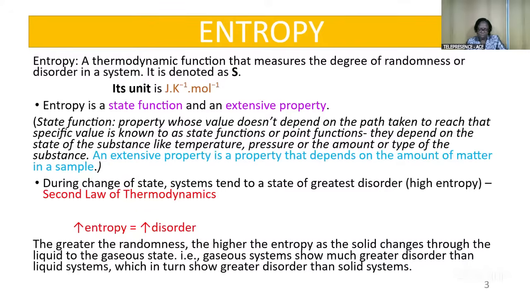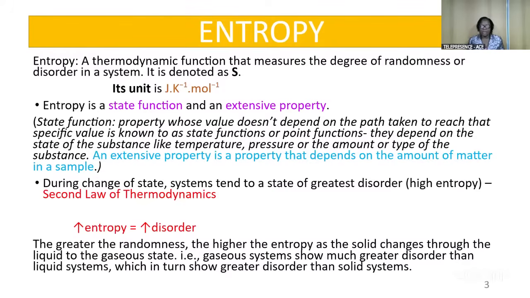And as you increase the energy of a system, you increase the entropy. If entropy is increasing, it also means that disorderliness is increasing. That is why we say generally that the greater the randomness, the higher the entropy, especially if you move from a solid state through liquid state, through gaseous state. We discussed the changes about all of these states in the previous class.